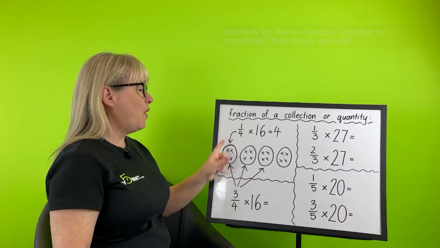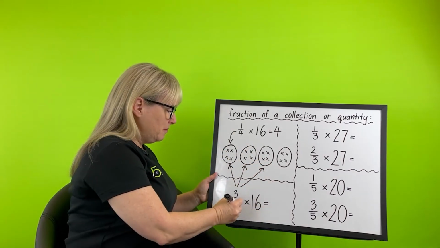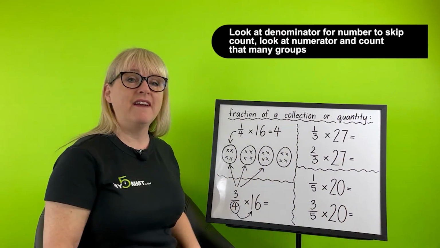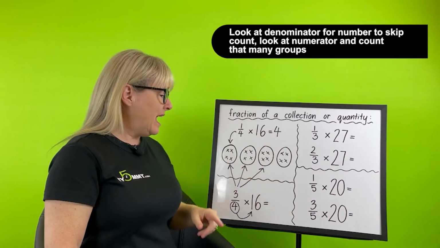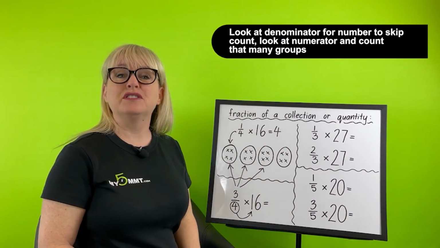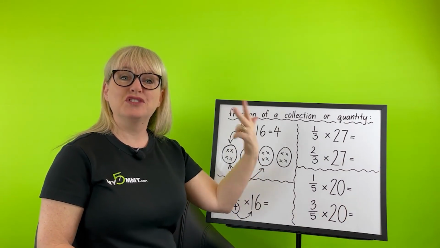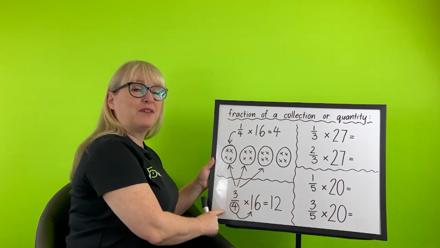I want 4, 8, 12. And that's where we can count by the bottom number here and say how many 4s are in 16? 4, 8, 12, 16. There's 4. And I want 3 of those 4 groups. So I want 4, 8, 12. I want 12 altogether when I want 3/4.